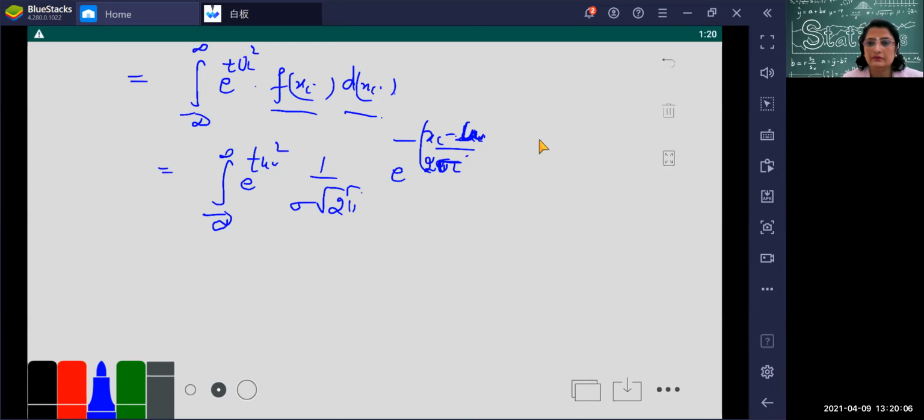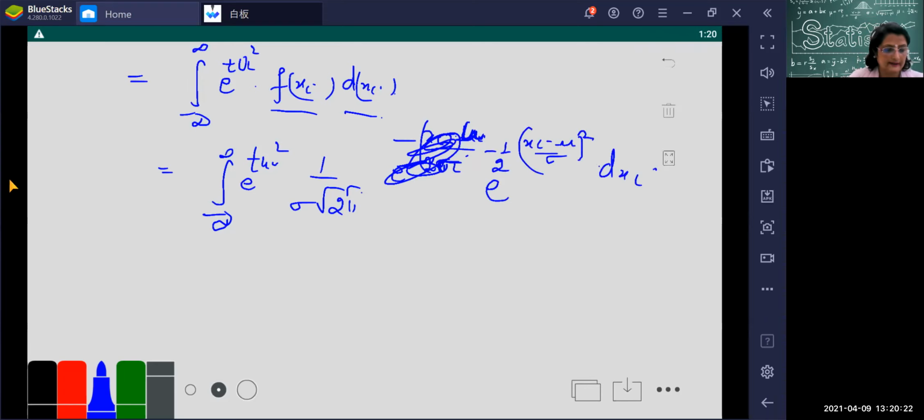Writing again: e raised to the power t ui square into 1 by sigma root 2 pi, e raised to the power minus 1 by 2 ((xi minus mu) upon sigma) whole square, into dxi.